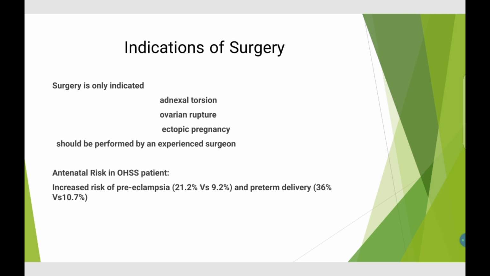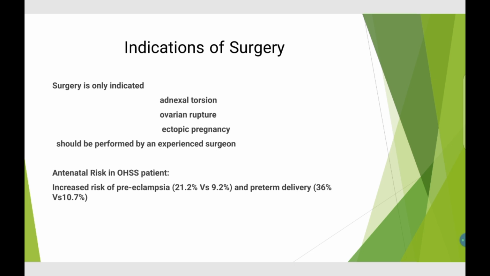Antenatal risk in OHSS patients. So what is the antenatal risk if the patient becomes pregnant? There is an increased risk of preeclampsia, to the extent of 21.2% in patients with OHSS versus 9.2% in those who do not have OHSS.